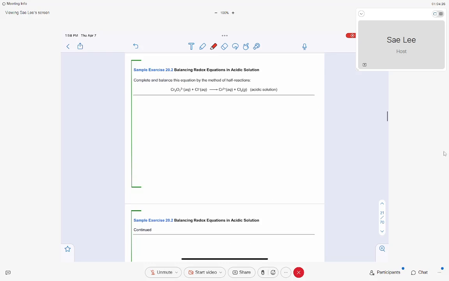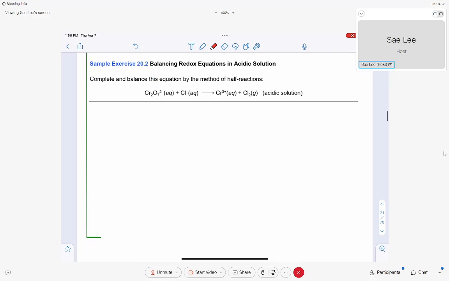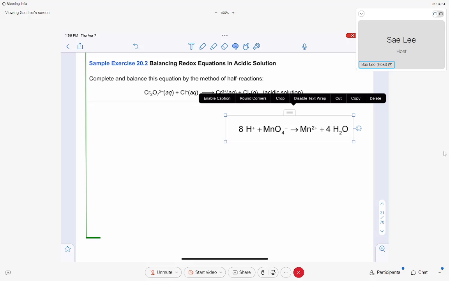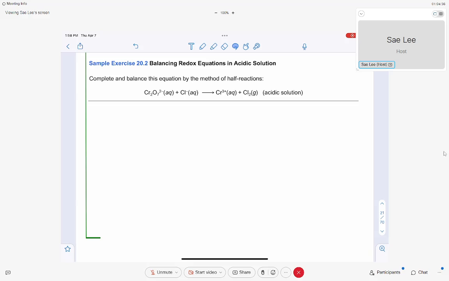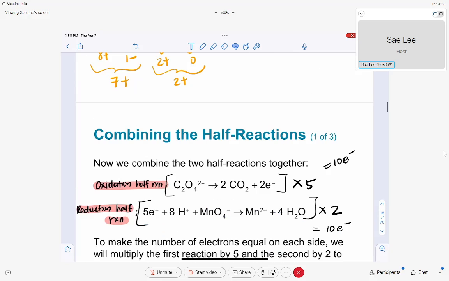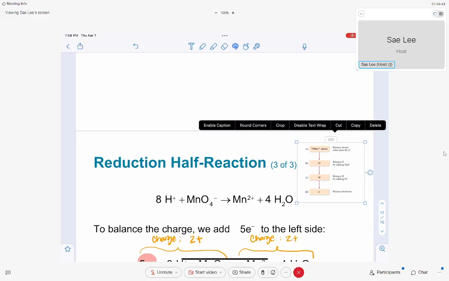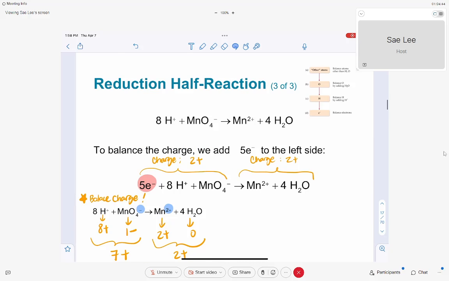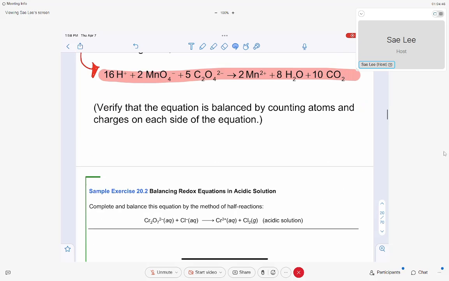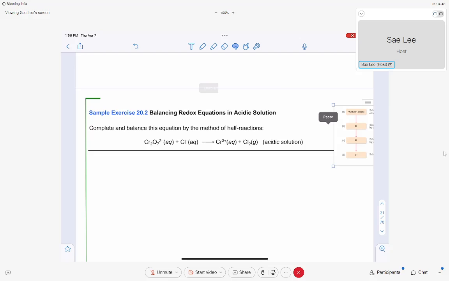Let's try a sample exercise. We're going to follow this rule.